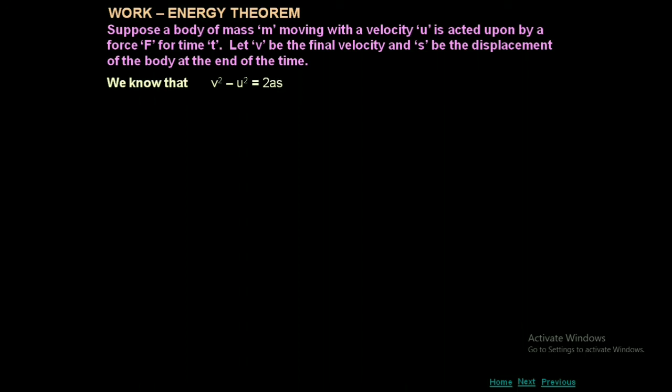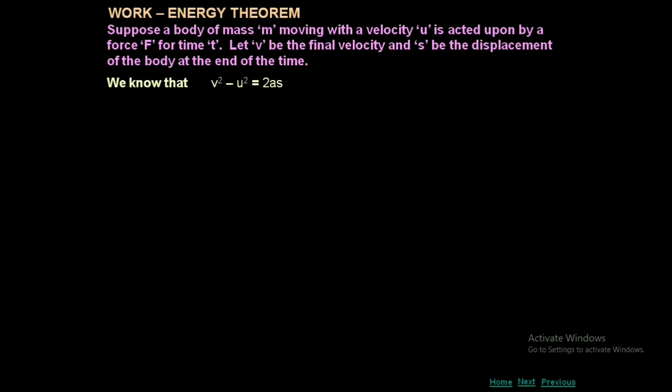Suppose a body of mass m is moving with initial velocity u, acted upon by a force F for time t, and let the gain in velocity be v and displacement be s.